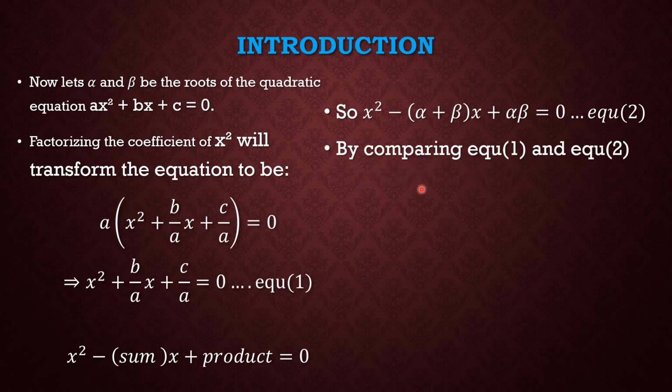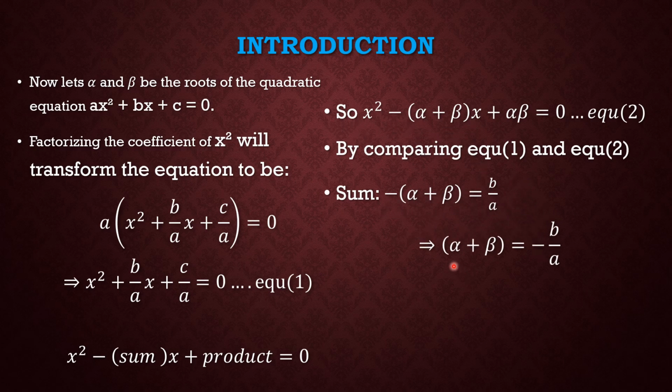So when we compare equation 1 and 2, we are going to realize that this minus alpha plus beta is the same as b over a in equation 1. And as such, when we divide both sides by minus, we get alpha plus beta equal to minus b over a.